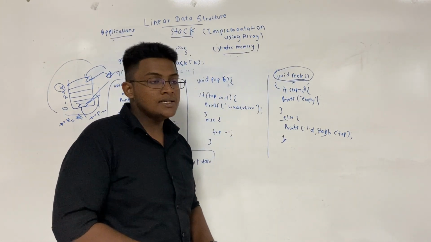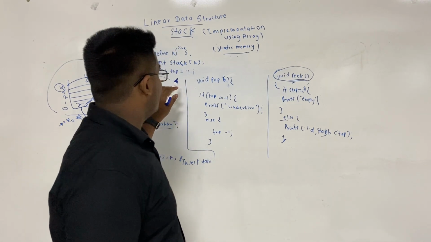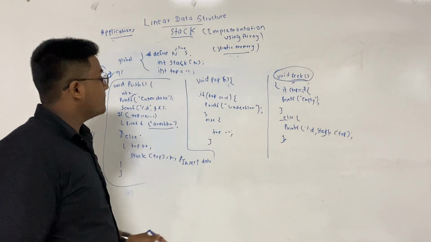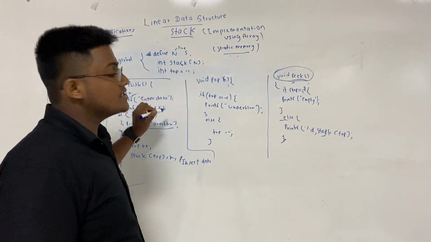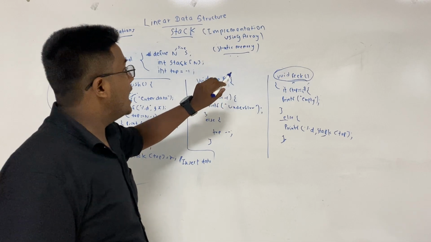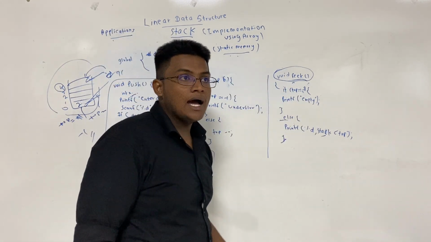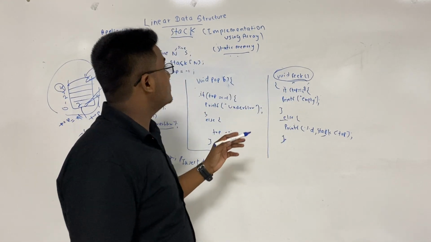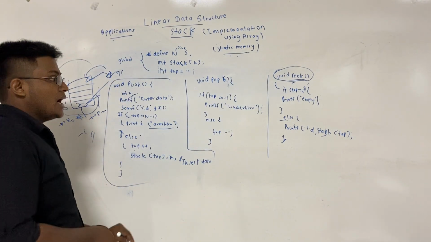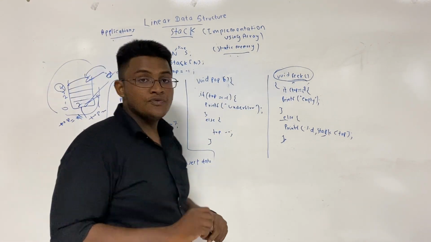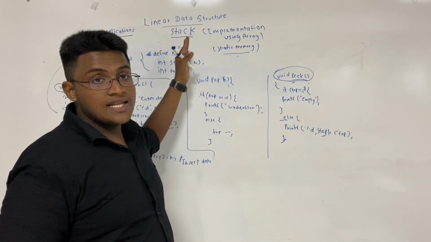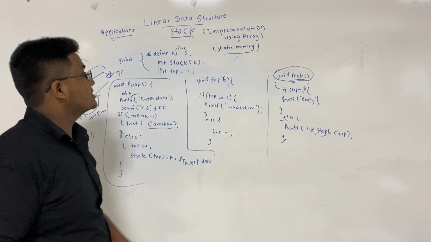So these are the main 3 operations in a stack: push, insertion; pop, deletion, where no arguments are passed; and peek, accessing the topmost element without deleting. I hope you got some knowledge about the stack and linear data structures.